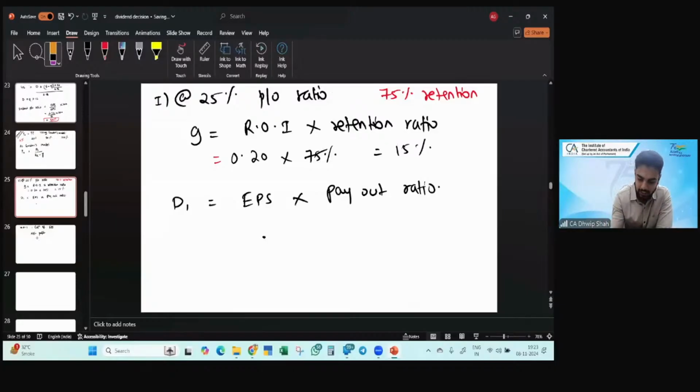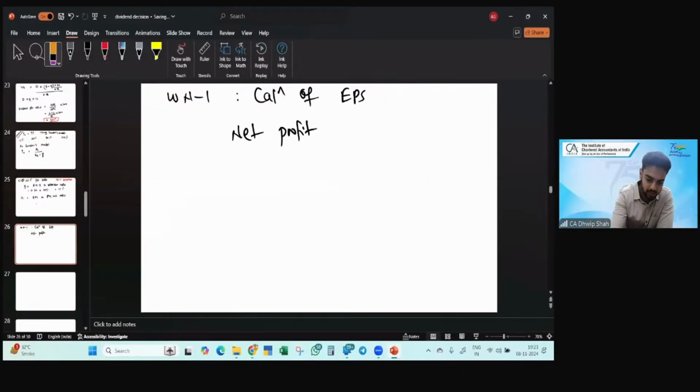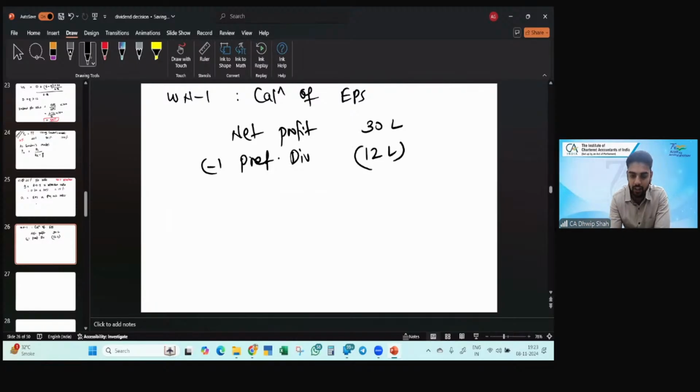Yes, earnings per share is 6. Net profit is 30 lakhs less preference dividend 12 lakh. And how did 12 lakh come? It is 100 lakh of preference share capital multiplied by the preference dividend rate.